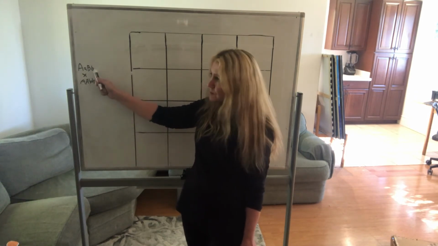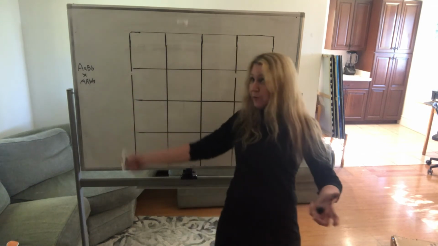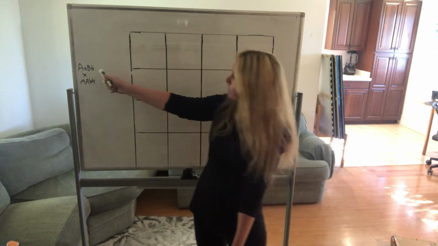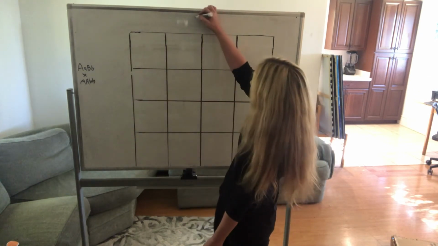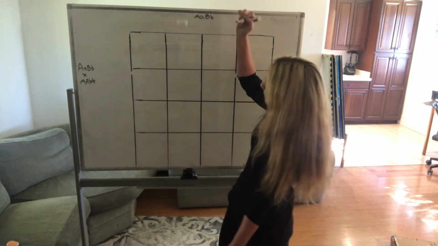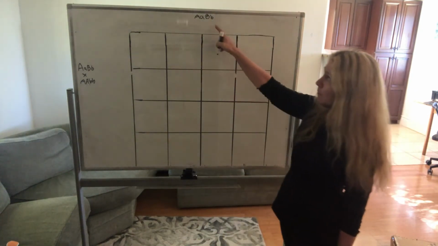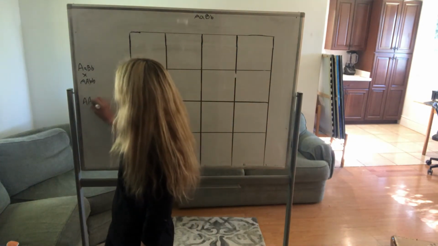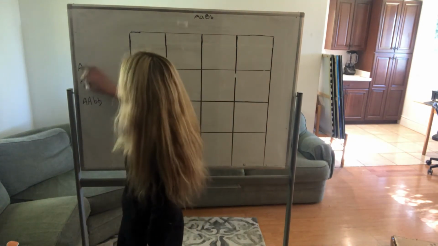It doesn't matter which one's male and which one's female, since this is not sex linked. So I'm just going to take the big A, big B, little b and put that one up here. Over here, this one's going to be big A, little b, little b.